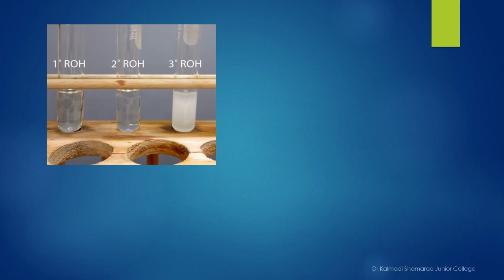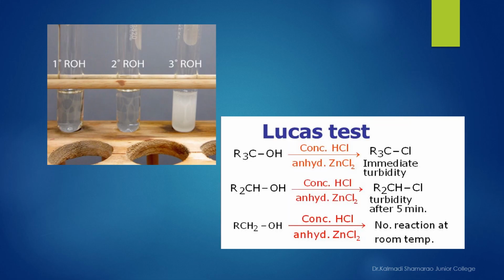This image shows the cloudiness appearing in tertiary alcohols. This is due to the formation of insoluble alkyl chloride. When tertiary alcohol is mixed with Lucas reagent, turbidity appears immediately.